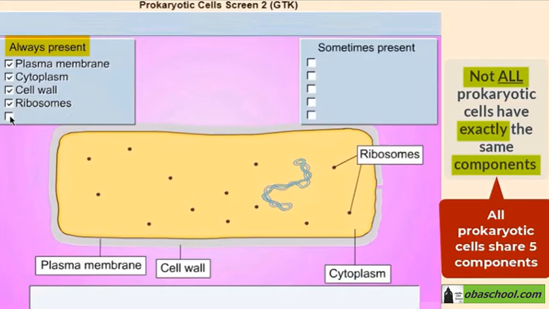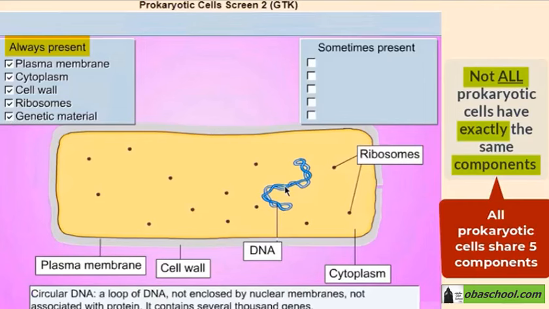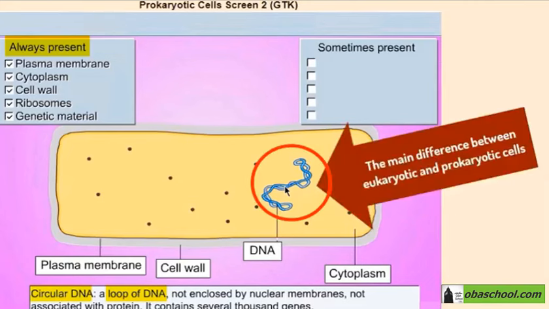The last component found in all prokaryotic cells is the genetic material, or DNA. In the case of prokaryotic cells, the DNA takes a circular shape, so you can say it is a loop of DNA without ends. And this is the main difference between eukaryotic cells and prokaryotic cells.